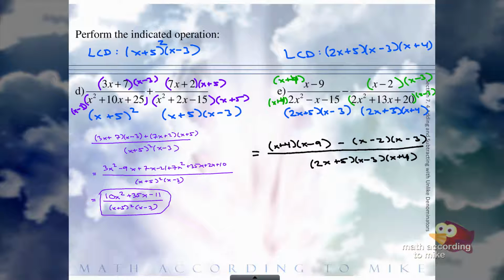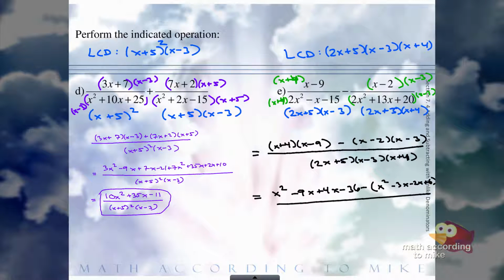That's a 4 there. I'm having problems with my 4s today. Foiling. Upstairs, we get x squared minus 9x plus 4x minus 36. Minus, notice the use of parentheses, x squared minus 3x minus 2x plus 6, all over that LCD.